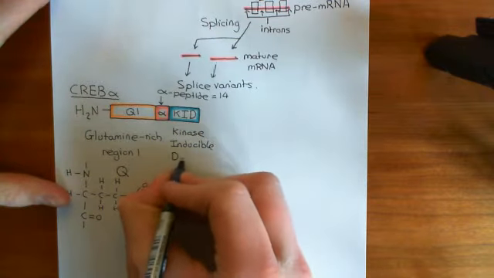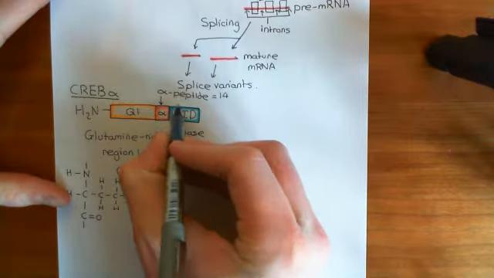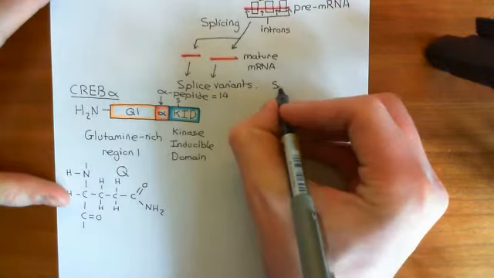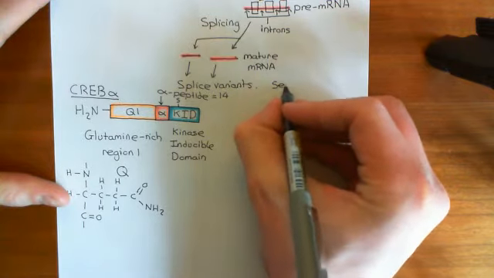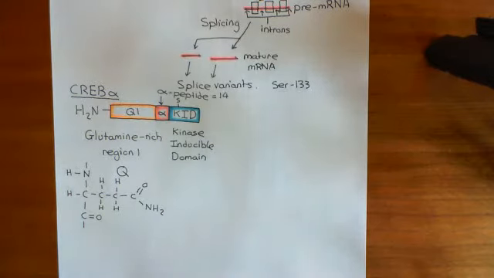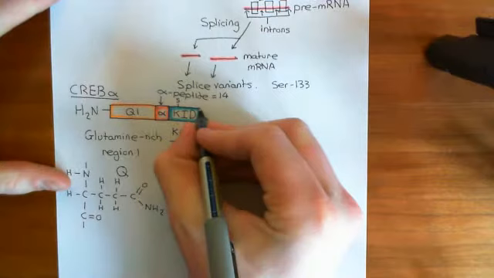So for short, KID. This is going to contain an important serine residue, known as serine 133, and serine 133 is the one that's going to be phosphorylated by the calcium calmodulin dependent kinase to activate the CREB protein. But we'll come back to that later.